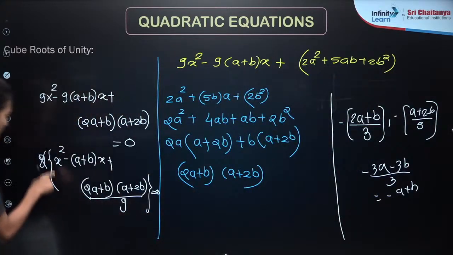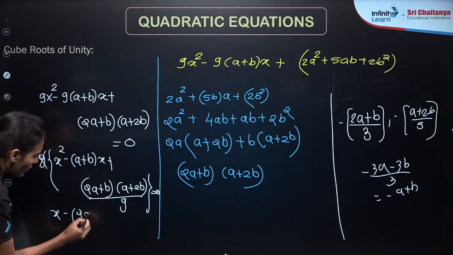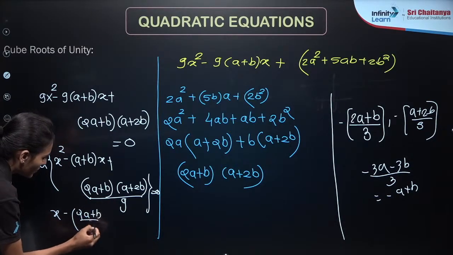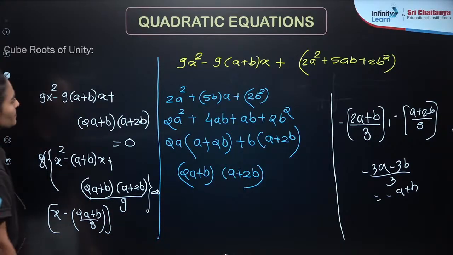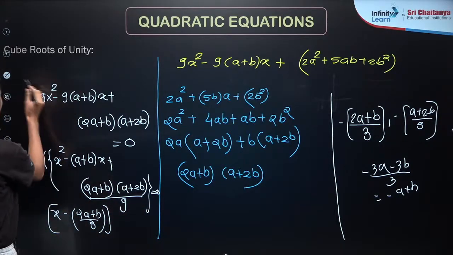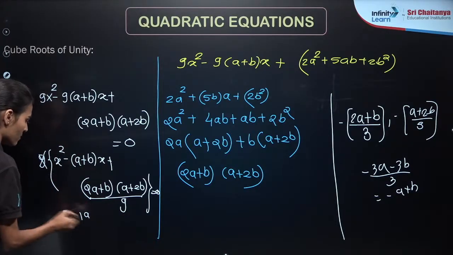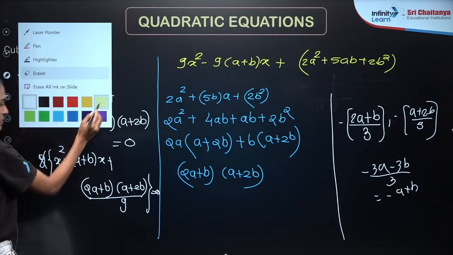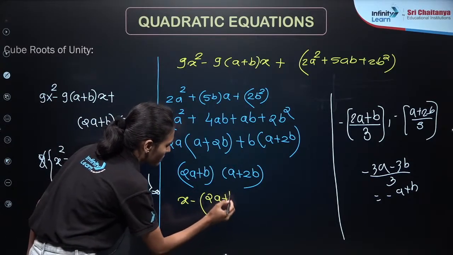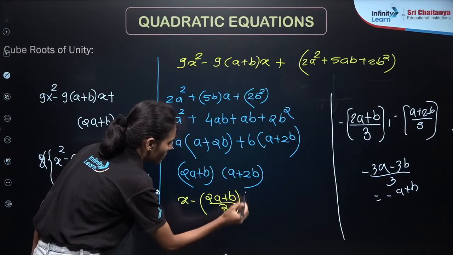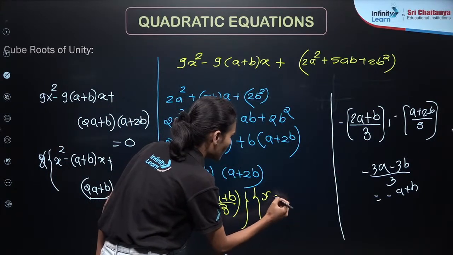So this is the splitting. So you can write this as x square, coefficient is 1. So this is x minus 2a plus b upon 3 into, you can write this as, better to write there, but whenever you have fractions, guessing the roots is difficult, okay?